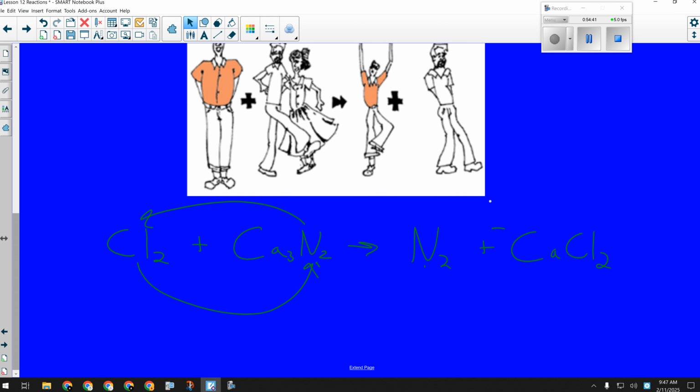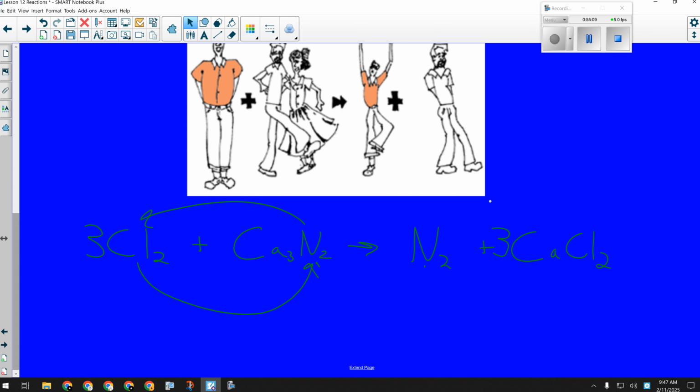Okay, when I put the 3 there, how many chlorine does it give me? Okay, so what needs to go in front of this to make 6 chlorine? Also a 3. Okay, how many nitrogen here? How many nitrogen there? Good, we're done. It's balanced. Okay, does it take much to do the balancing? I start with the biggest number and I just go back and forth until everything is balanced. And then I just double check.